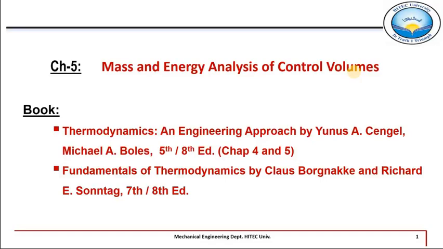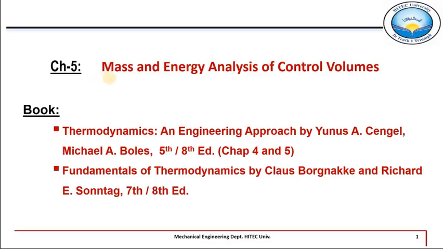This chapter is mainly covered from the 8th edition of Yunus and Cengel, and at some places we have taken some reference material from other books also. This chapter 5 is again the extension of chapter 2, the first law of thermodynamics.